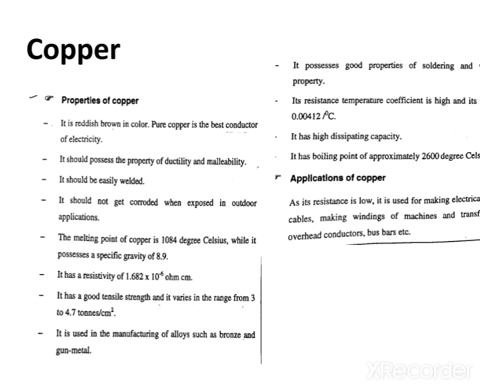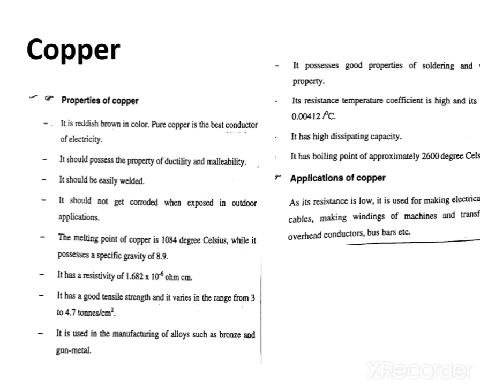Copper is also used in manufacturing alloys like brass, bronze and gunmetals. The temperature coefficient of resistance is 0.00412 per degree Celsius, and it also has a high dissipating capacity. The boiling point of copper is 2600 degrees Celsius.